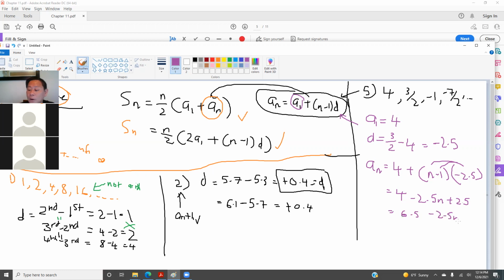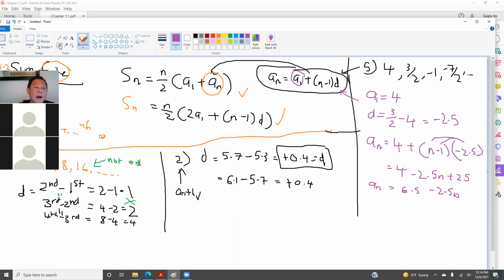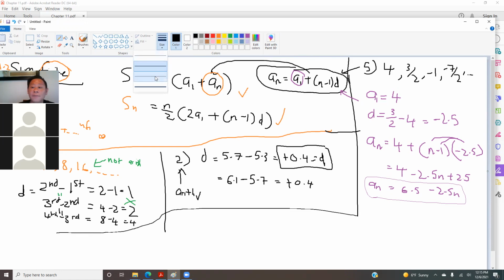So this is your AN term in this case. It's very easy to do an arithmetic sequence. If you know your A1 and if you know your D, you should know the rest of it. Questions with this one? Question 5 is easy because you can just look at it: this is the first term and this is your D.